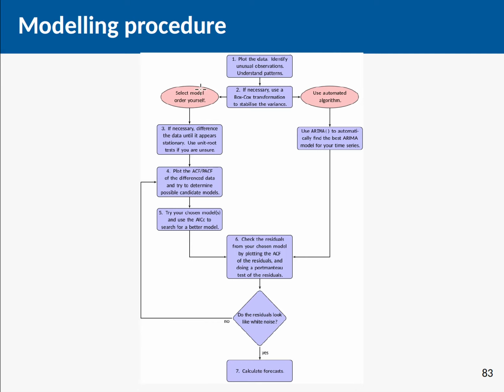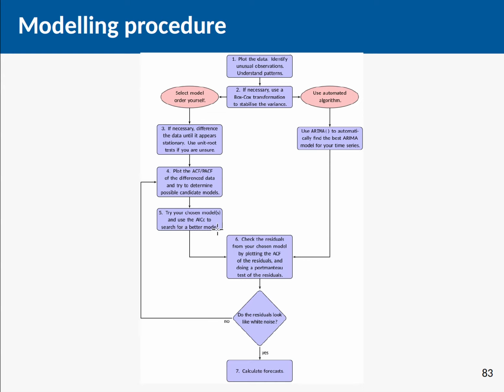Once you want to select the model on your own, you want to difference the data until it appears stationary and use a KPSS test or an ADF test to make sure that the data are in fact stationary. Then you want to plot the autocorrelation function and the partial autocorrelation function of the differenced data to try to determine the possible candidate models.